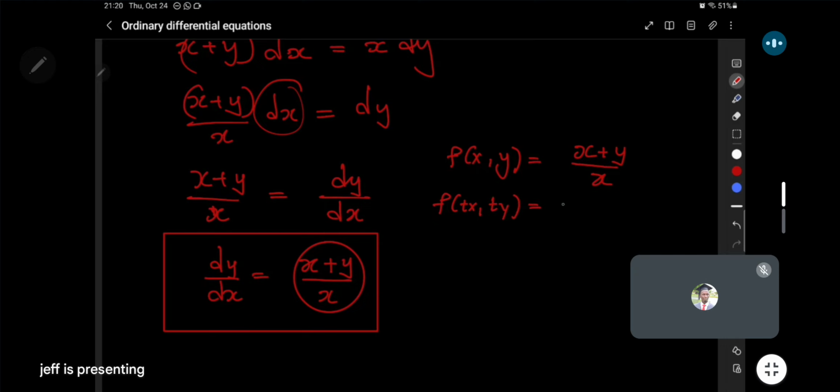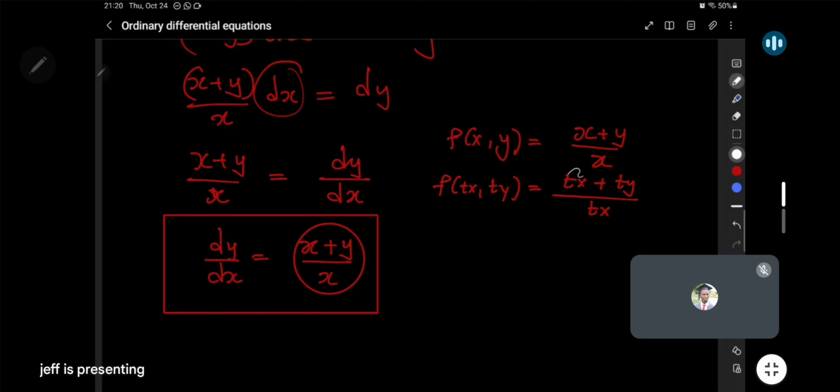Where there's x, we put tx. Where there's y, we put ty. I see x again, so we put tx there. We quickly notice that the t is present on each term, so the t is going to cancel out.